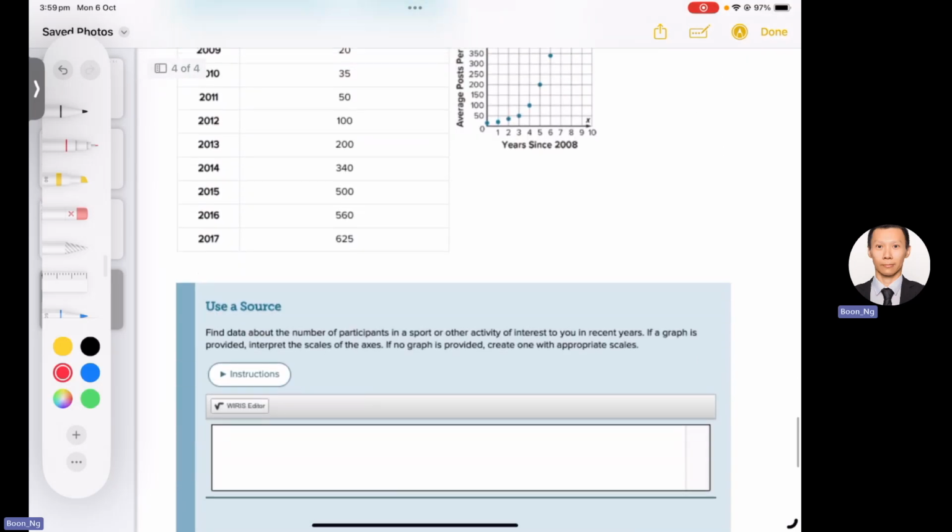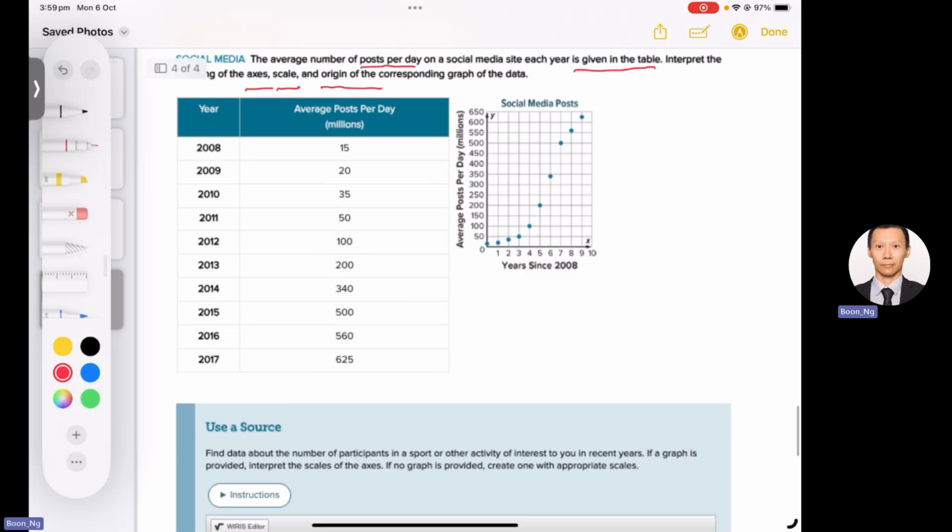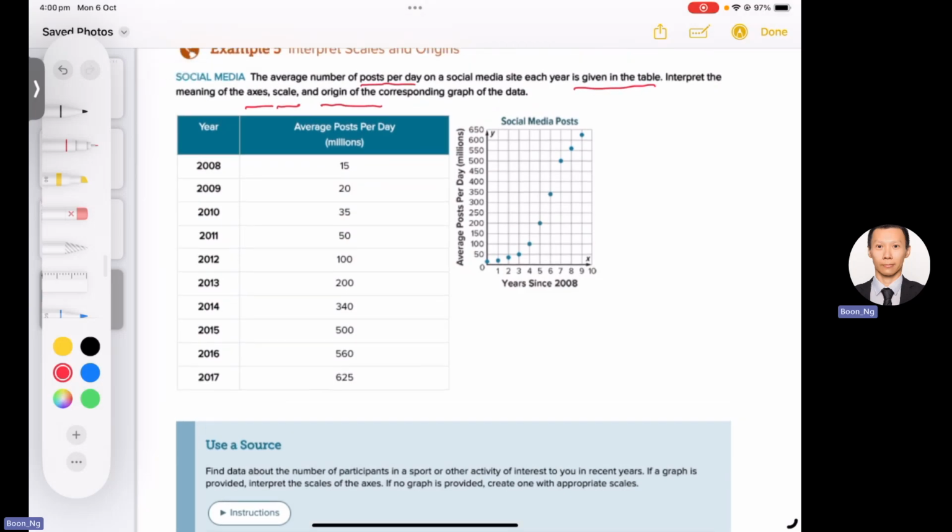Okay, so on the x, it basically means the year after 2008. So when we have 1, the first one means 2008 plus 1. Okay, and so on and so forth.